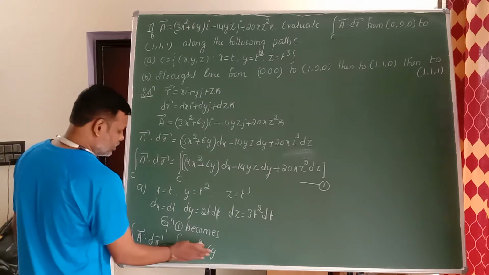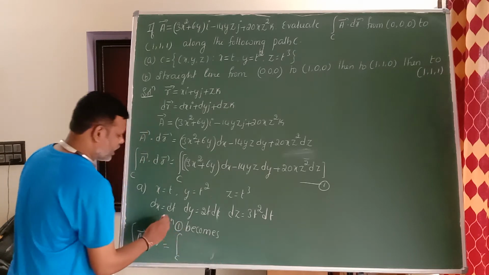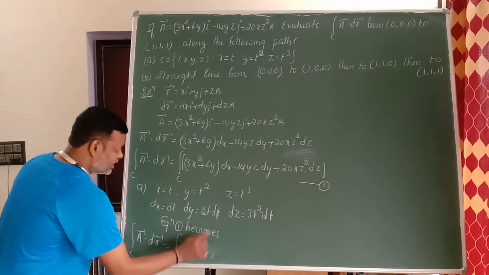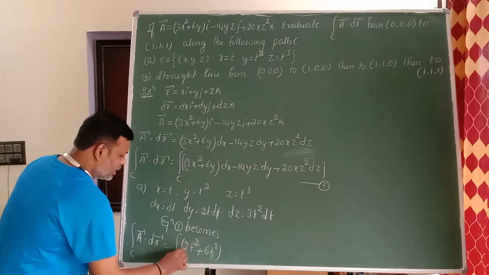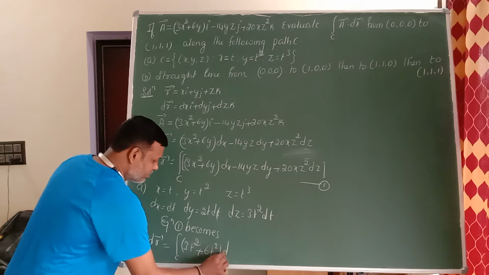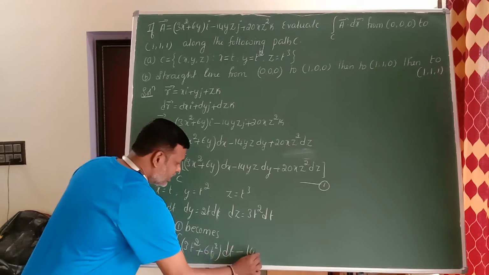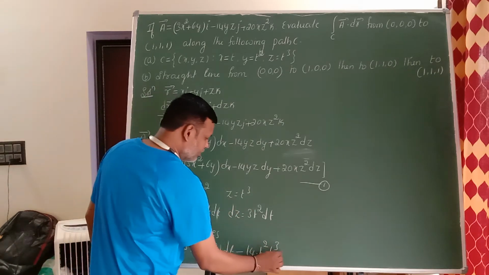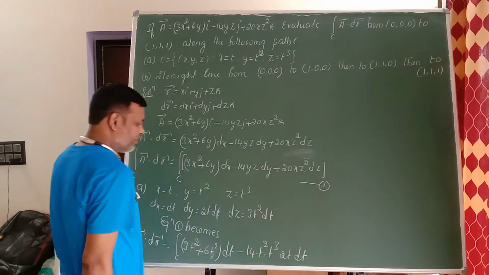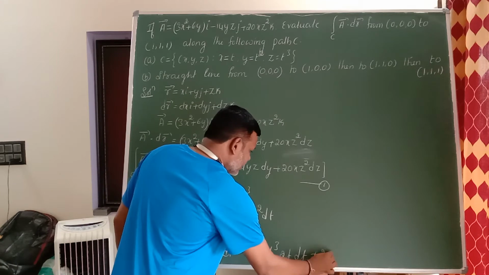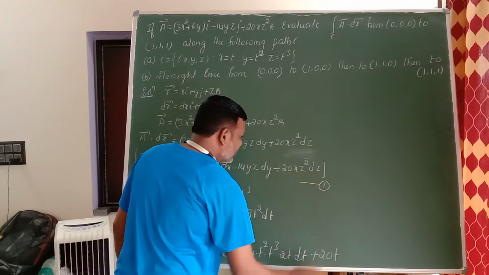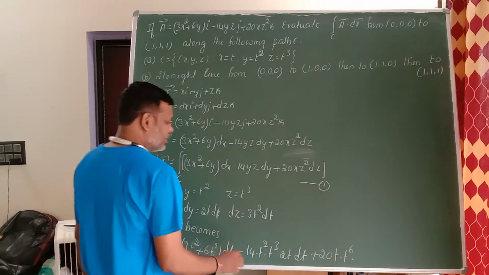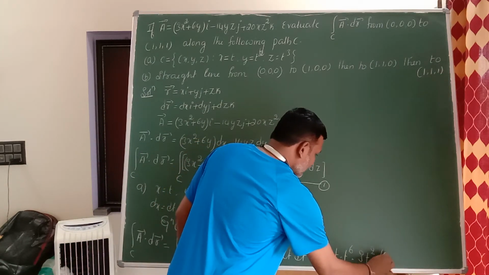Instead of that we can put: 3 into x is t, x² is t², plus 6 into y is t², into dx, which we write as dt, minus 14 into y is t², z is t³, into dy, which is 2t dt, plus 20 into x is t, z² is t⁶, into dz, which is 3t² dt.